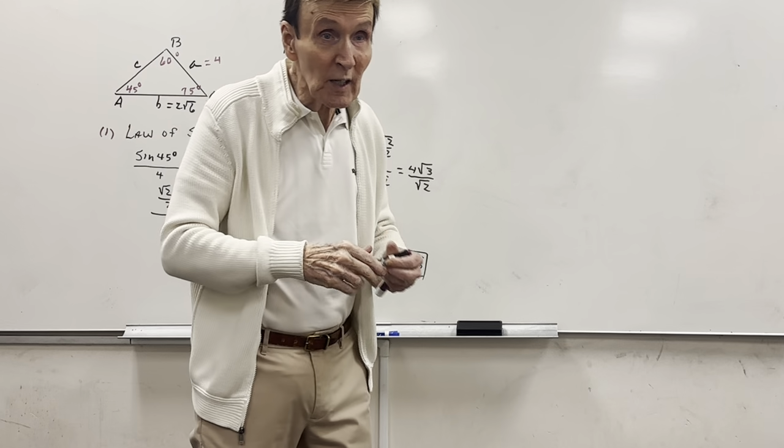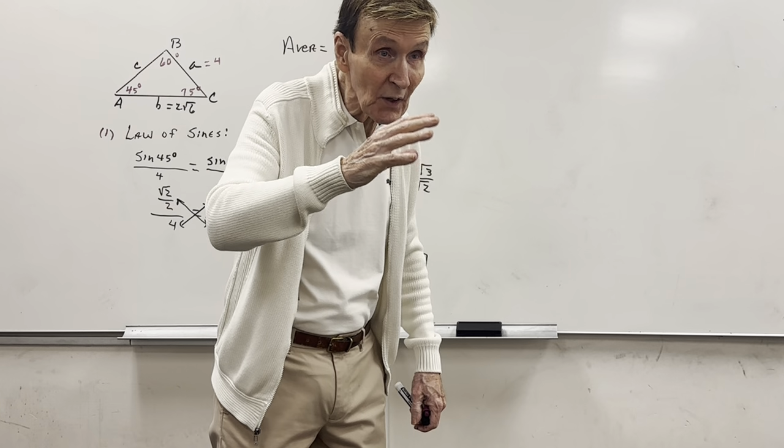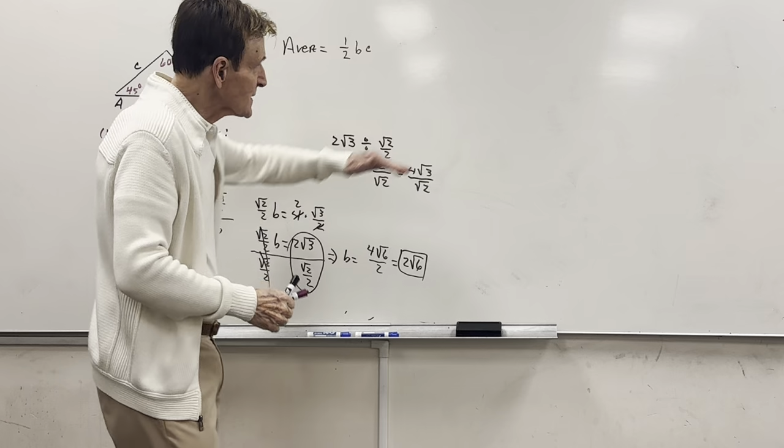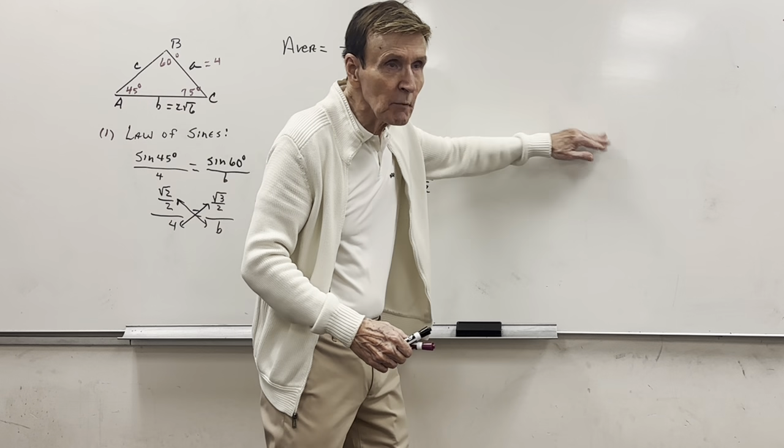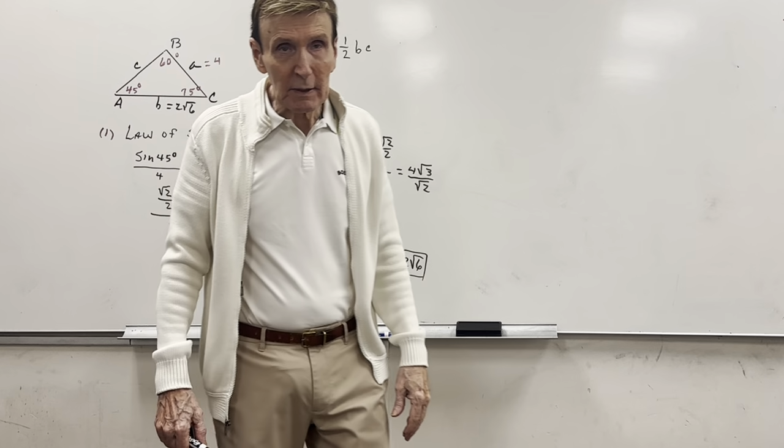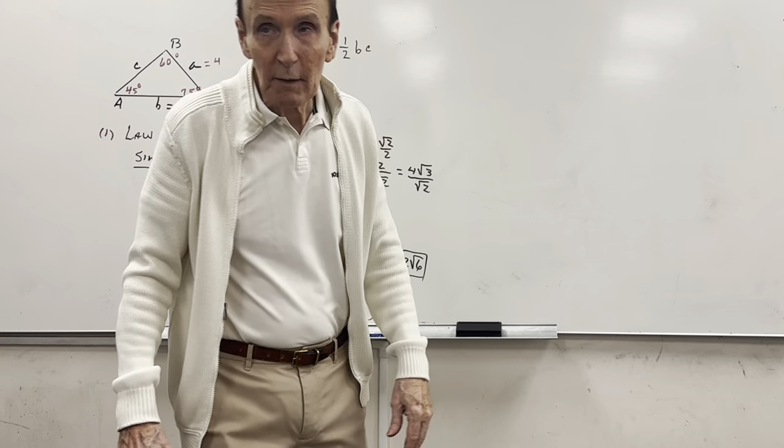Does anyone remember what it looked like before I did what I did to it to get the law of sines? I had area something equals something here, equals something here, we cleaned it up, and it came out to be the law of sines. Can you tell me any of those sine forms?